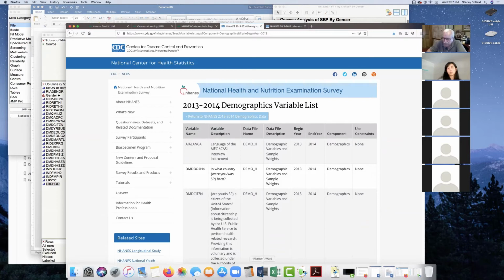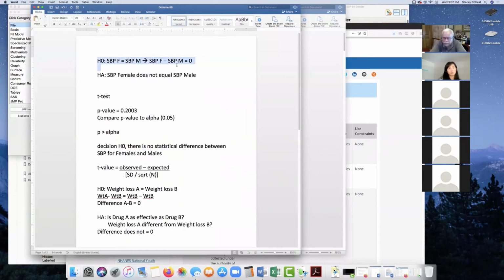So it comes down to your questions. And I'll go back again here to our setup for our hypothesis. Our groups, in terms of a t-test, those are going to be our X variables. We're comparing something by group. Fit Y by X. We are comparing systolic blood pressure by gender.